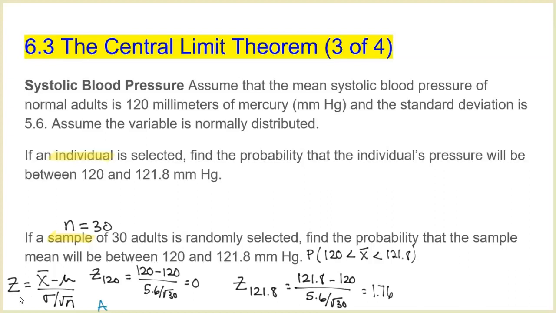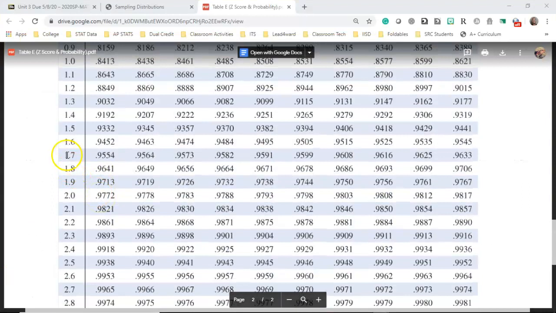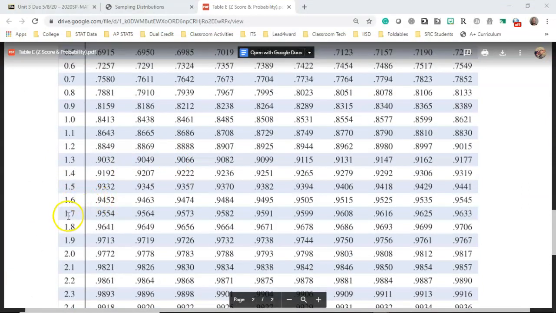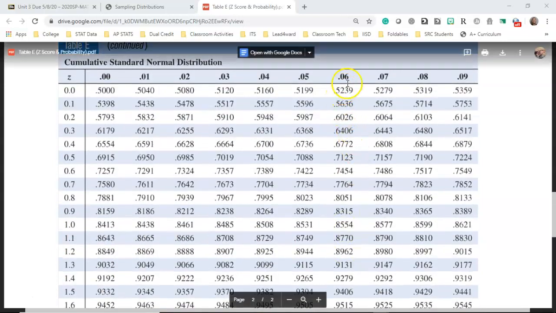So this allows us to reduce the variability in our sampling distribution. So then we still go through and look for the area. We already know that the area for 0 is 0.5000. And when we go back to this table and look at 1.76, it's 1.7, then 0, 1, 2, 3, 4, 5, 6, or 0.9068. Let me scroll up, there's about 6.